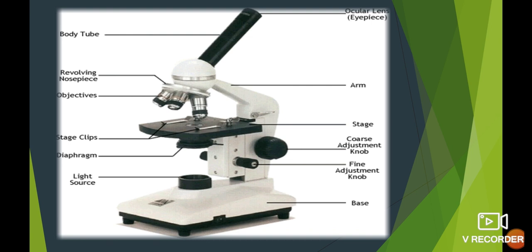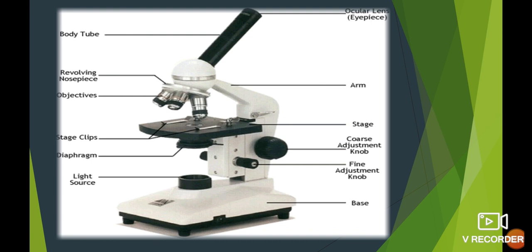And then we have the body tube, which connects the ocular lens to the objectives. And then we have the stage. The stage holds the slide where we place the specimen. And then we have the stage clips to make sure the specimen stays in place.